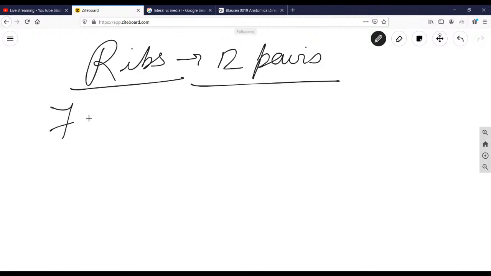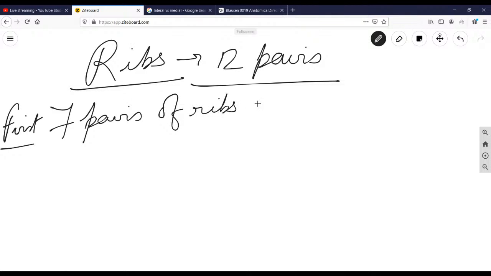Out of 12 pairs, the first 7 pairs of ribs are known as true ribs, because they have a direct anterior attachment, meaning frontal or ventral attachment, to the sternum via a strip of hyaline cartilage known as costal cartilage.